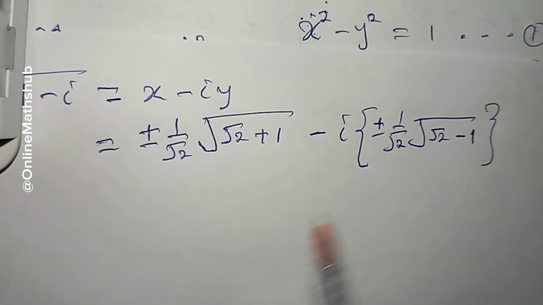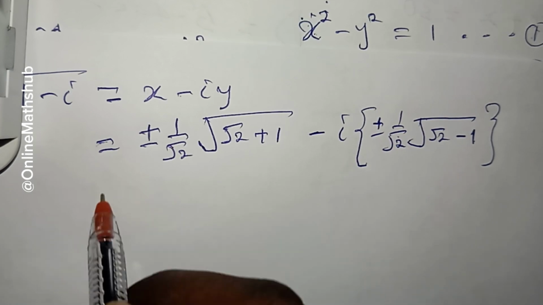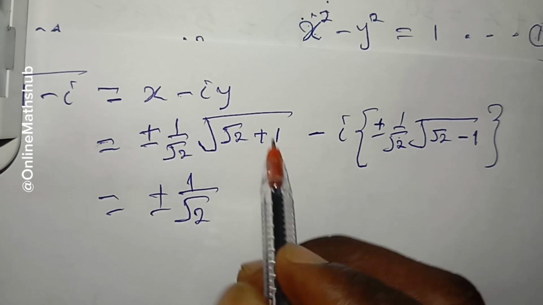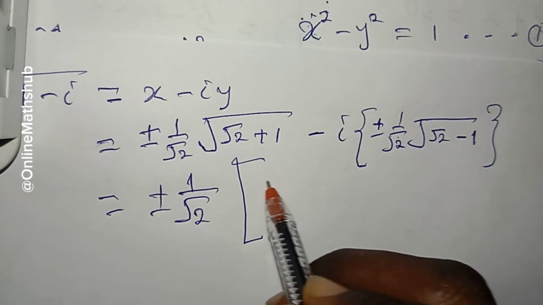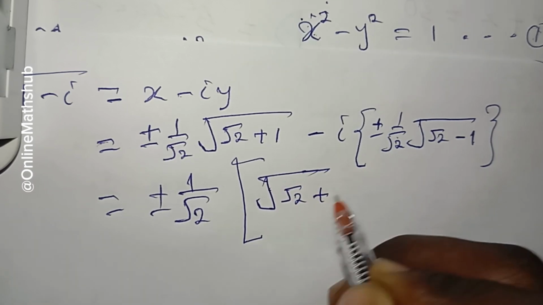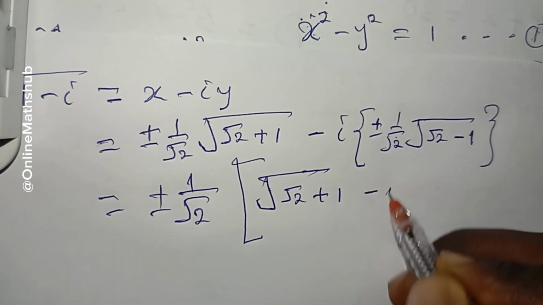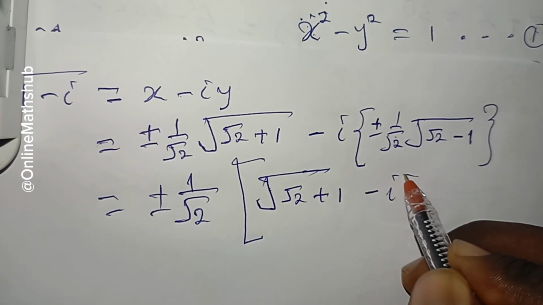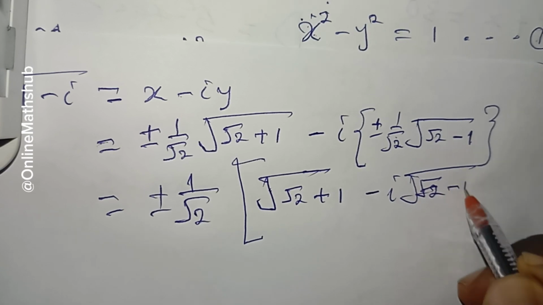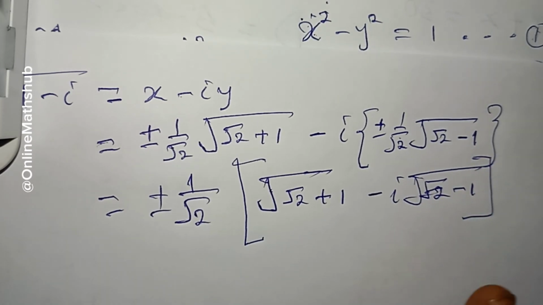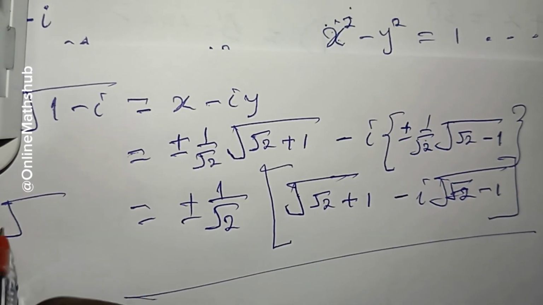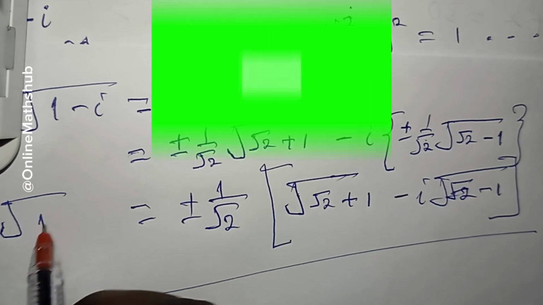So I'm going to factorize this 1 over root 2 out, so I have plus or minus 1 over root 2, and then a big bracket, so this is the square root of root 2 plus 1, and then of course minus i times the square root of root 2 minus 1, and this is going to be the value of the expression we are solving, which is basically root 1 minus i.